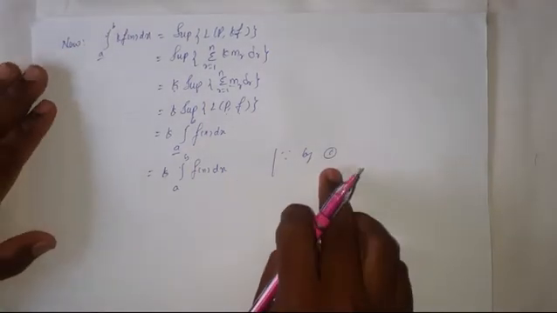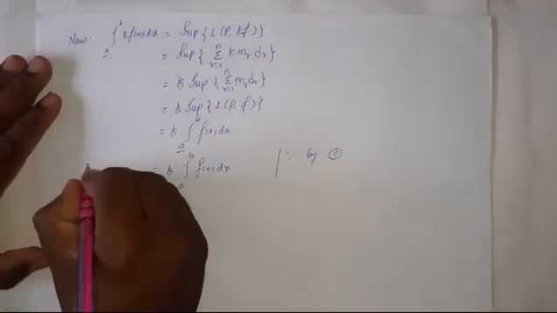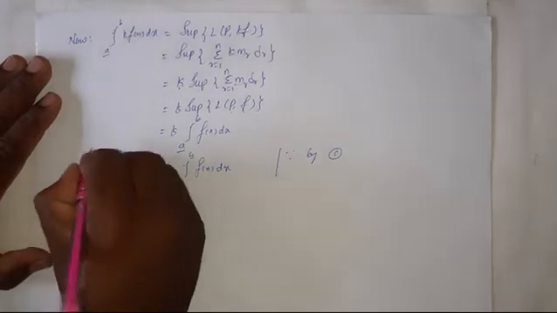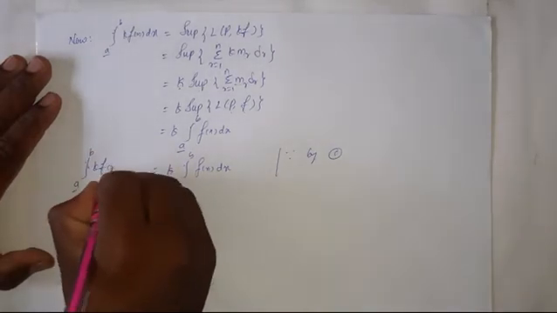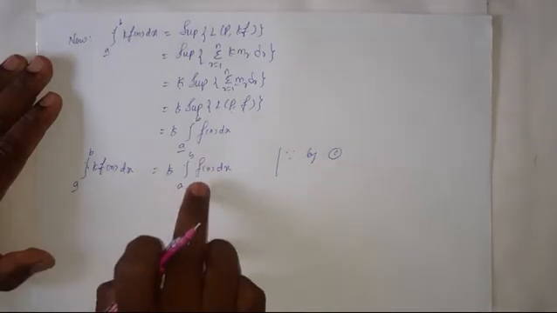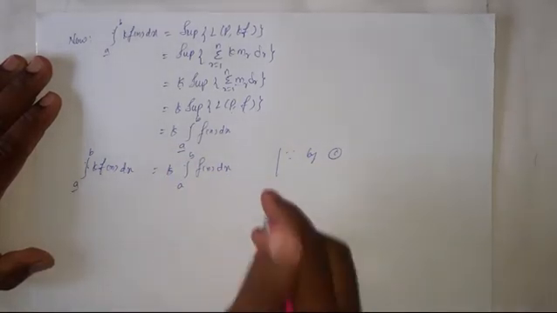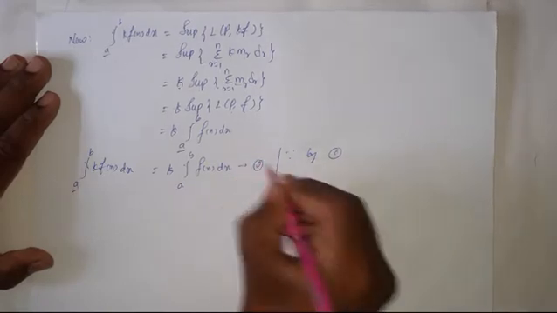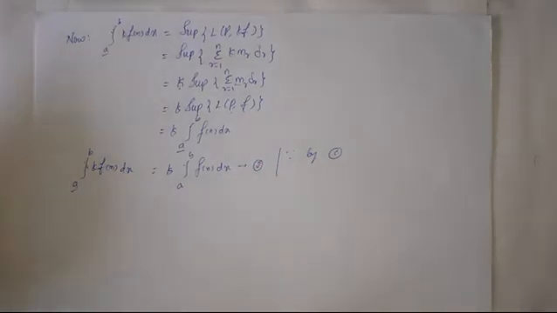So the lower Riemann integral of the function kf is equal to k into the integral over a to b of f of x dx. Now consider this as equation number 2.